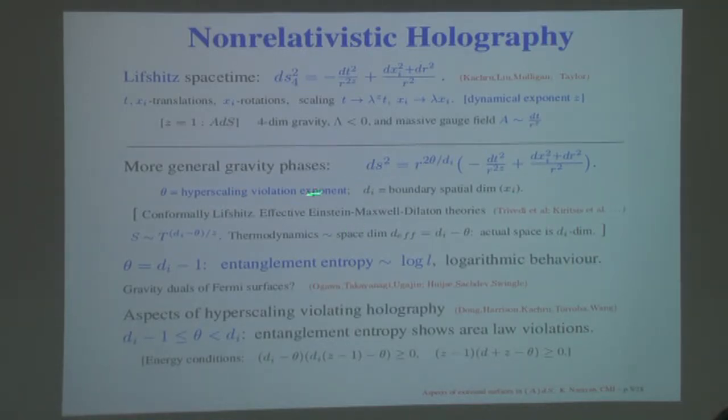This theta here is called the hyperscaling violation exponent, and the d_i here is the boundary spatial dimension. Okay. So these are these. All the curvature invariants are finite, but there are tidal forces that diverge in the deep interior.